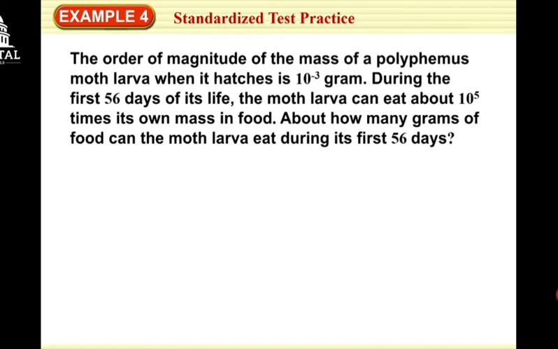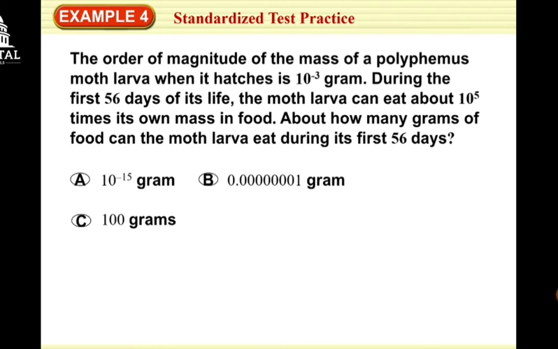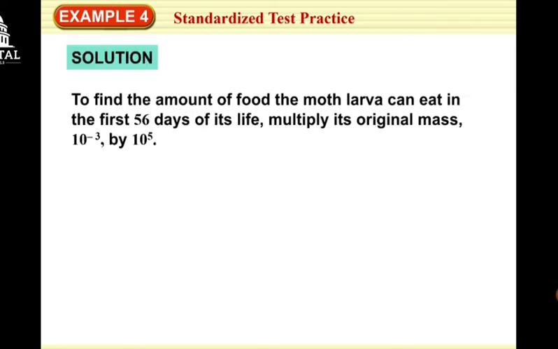About how many grams of food can the larva eat during the first 56 days? A, 10 to the power of minus 15 gram. B, 0.0000001 gram. C, 100 gram. D, 10 million gram.